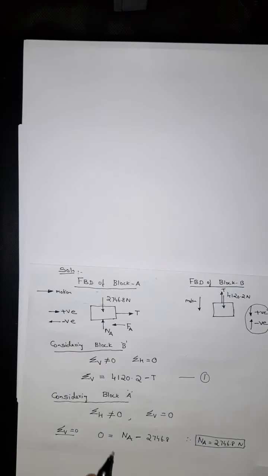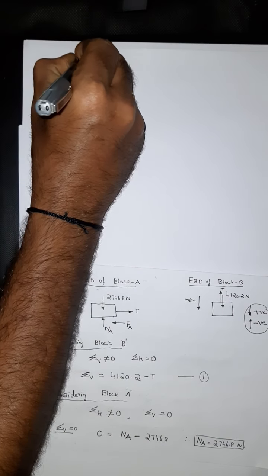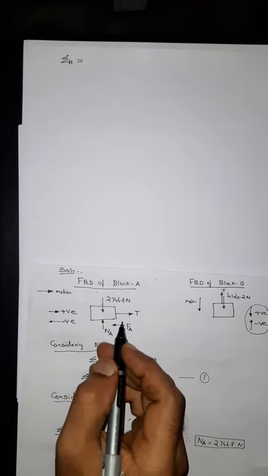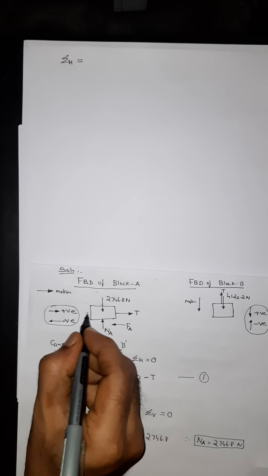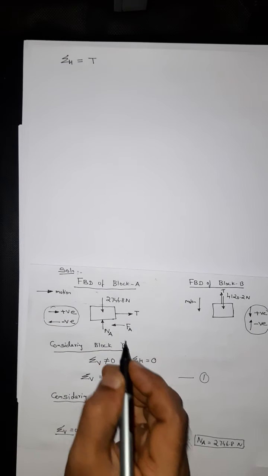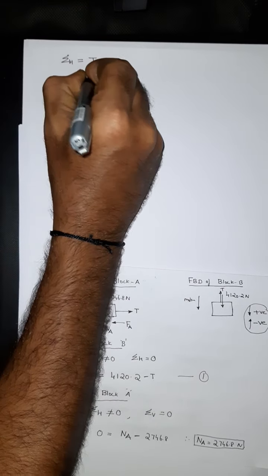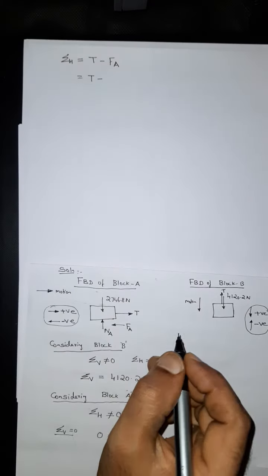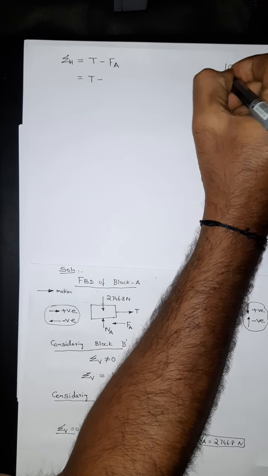So now I am going to apply the second condition, which is summation H equal to, towards the right hand side is positive direction, so T minus FA, which is equal to T minus F, and F is nothing but mu into N, coefficient of friction into normal reaction.